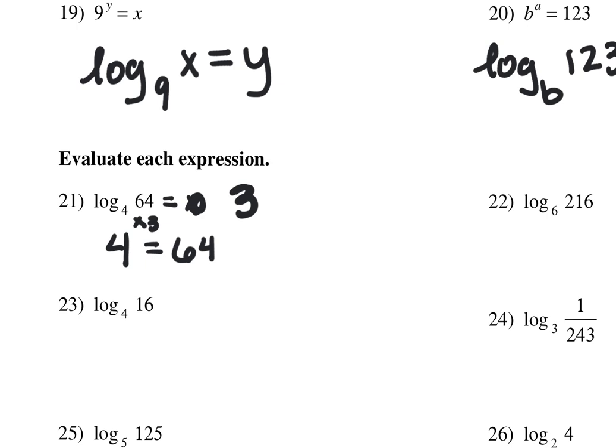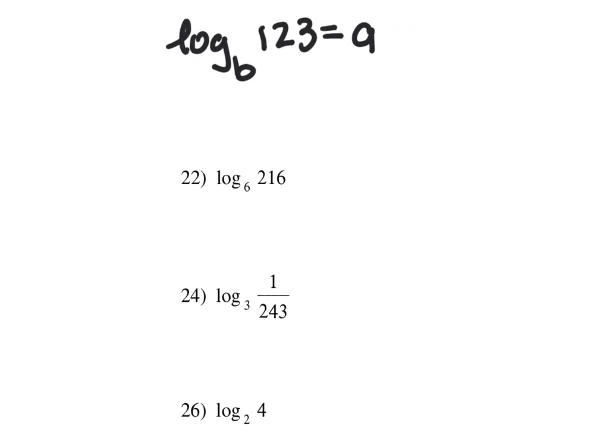So that's one way I will solve it. I think writing it back to exponential is easier in my mind, but you can always keep it the same way that you're used to. So 6 to what power is equal to 216? I grow, I switch, and now I just don't know what goes here.